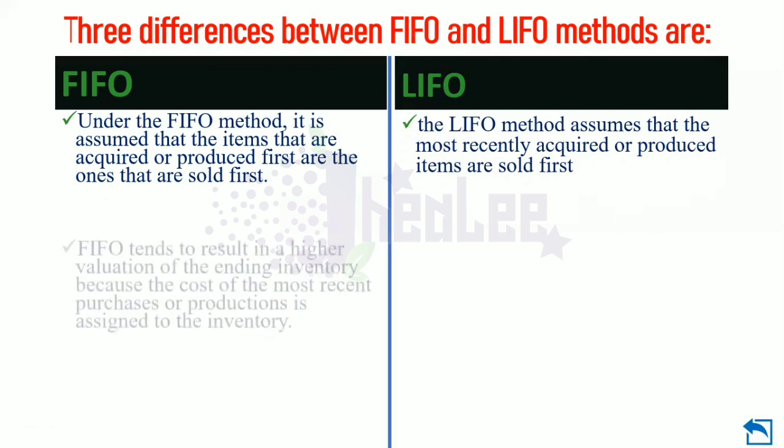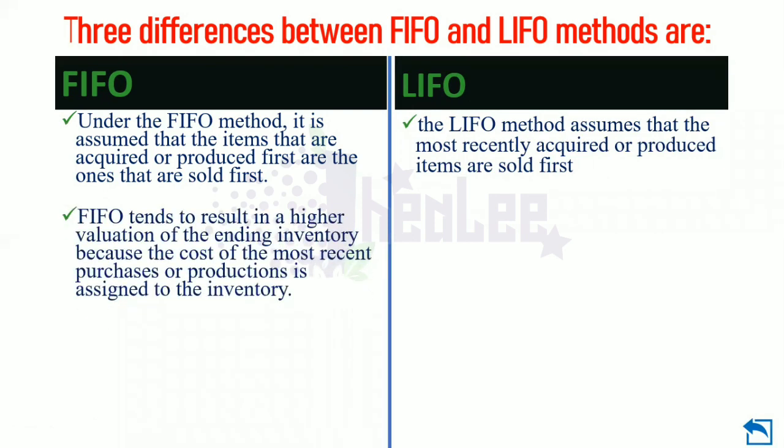Under the first in, first out method, it tends to result in a higher valuation of the ending inventory simply because the cost of the most recent purchases or production is assigned to the inventory. Basically, in cases where prices are rising, what you purchase first would be cheaper than what you would spend on the most recent items.